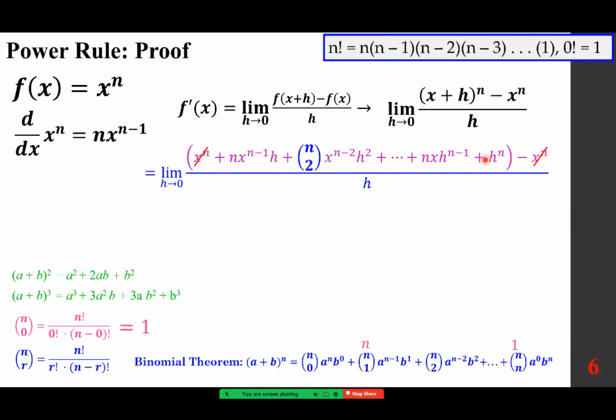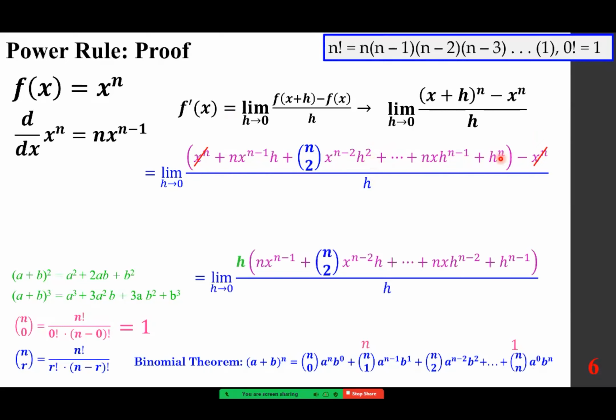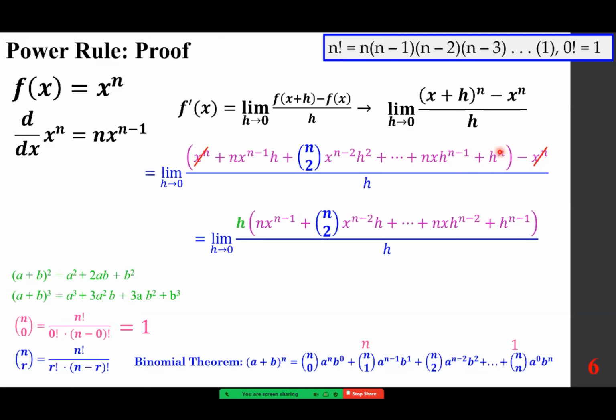Take a look at what is left in the parentheses. I can take a common factor of h out. When I do that, this h goes away, this h squared becomes h to the power of 1. In other words, you take 1 from the exponent. So this becomes n minus 2, this becomes n minus 1. So take a look: n minus 1 becomes n minus 2, n becomes n minus 1 when we factor out the h.